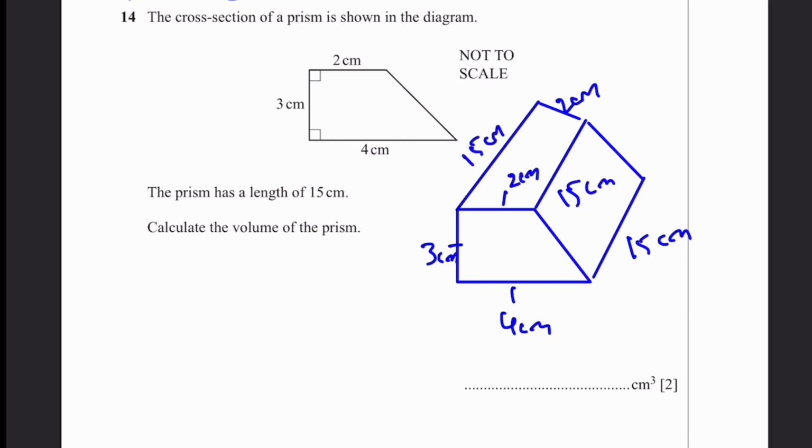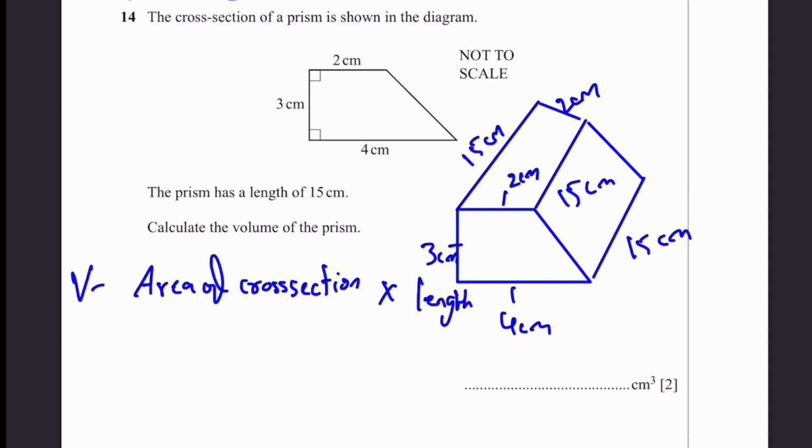So this is pretty much the prism, and now the volume is just the area of the cross section multiplied by the length. And that's the volume of a prism. And that's equal to the area of this trapezium, or this one, both are the same anyway.